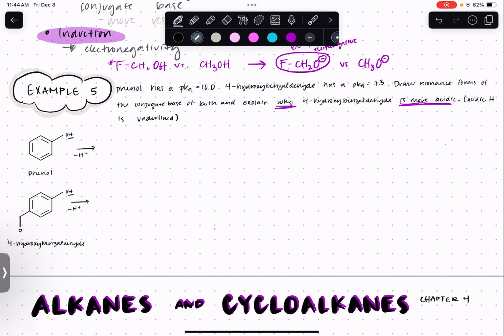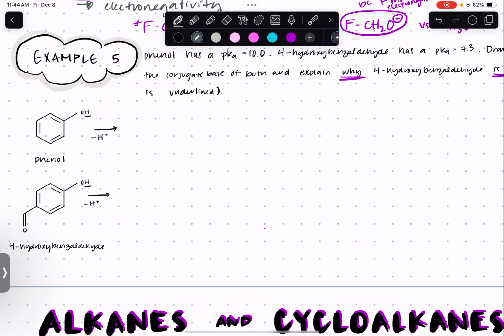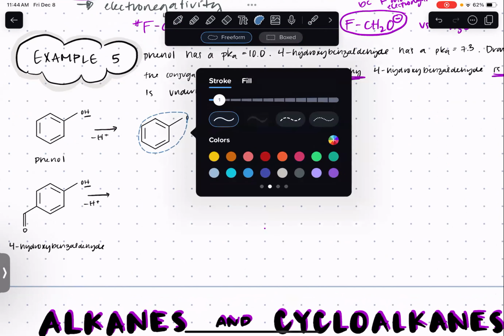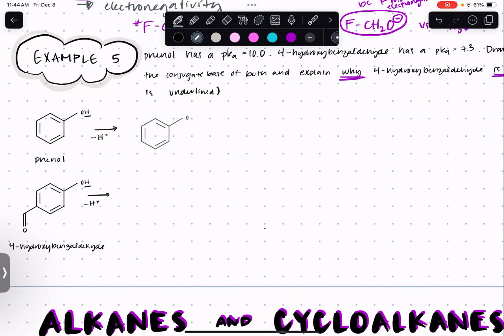So to start off here, we're gonna draw out our conjugate base. Then we can start doing resonance. So this oxygen is going to have 3 lone pairs.